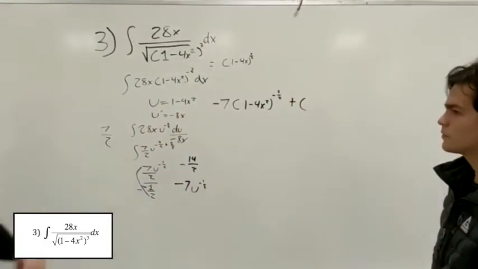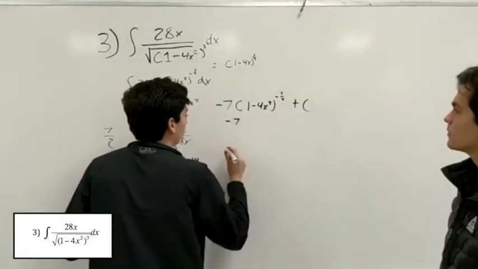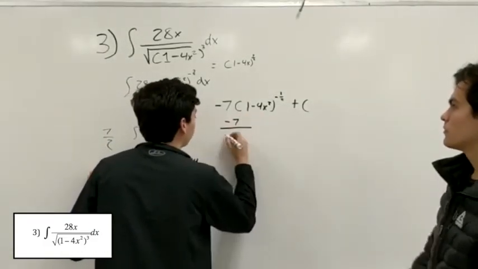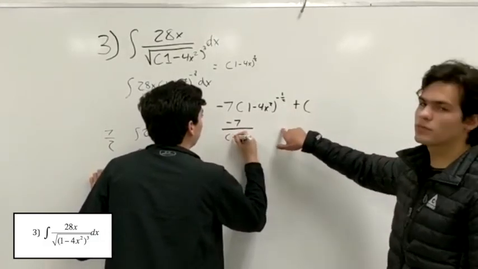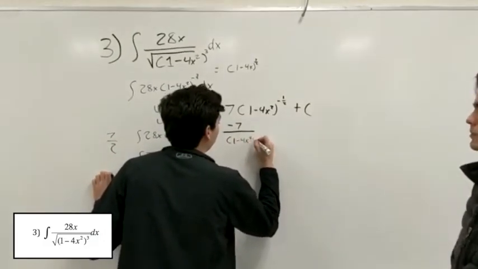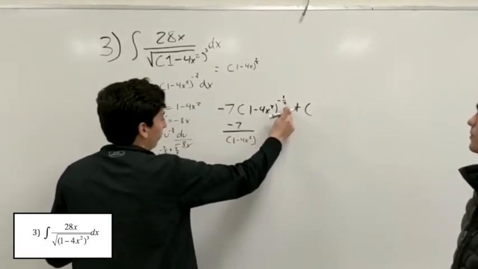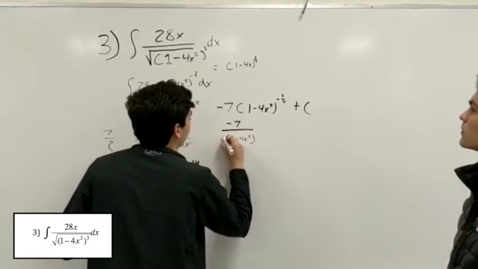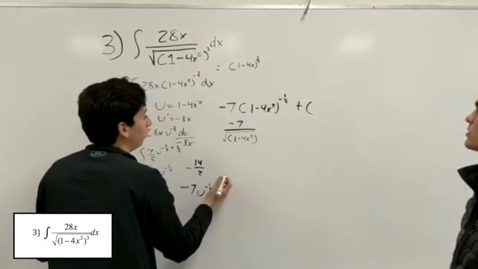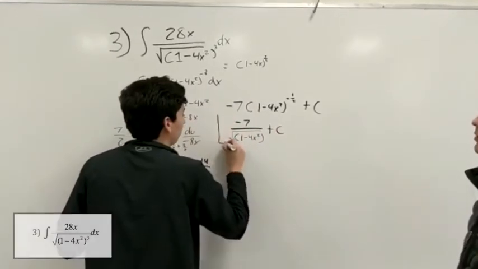This is our final answer. We can still move down this equation and put it in a square root. Because it's a negative, you need to move the equation to the bottom, so it can be positive. And because it's dividing, it's a square root. Plus c. And this is our final answer.